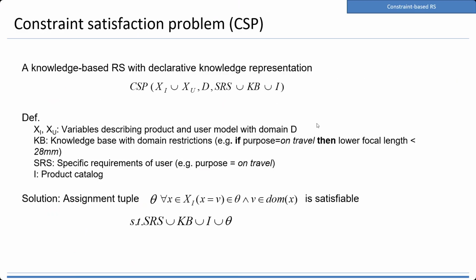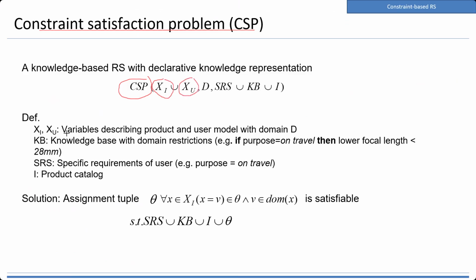Then we can have another requirement. For example, we can do the constraint satisfaction problem. So what do we mean by constraint satisfaction problem? This is a theory in optimization. We can apply the constraint, usually called the CSP, constraint satisfaction problem. We have Xi and we have Xu.